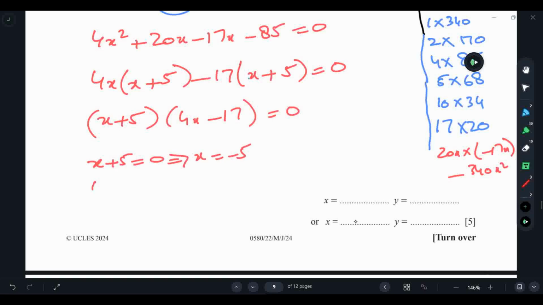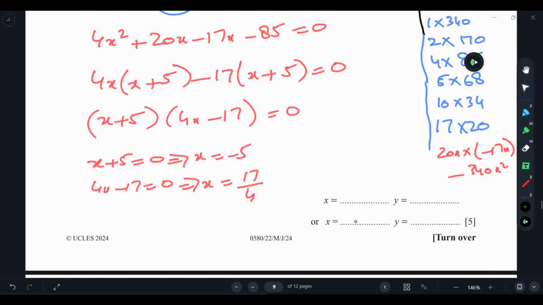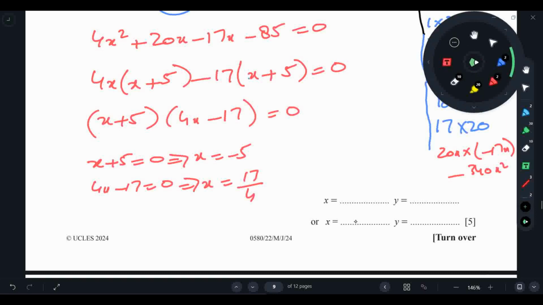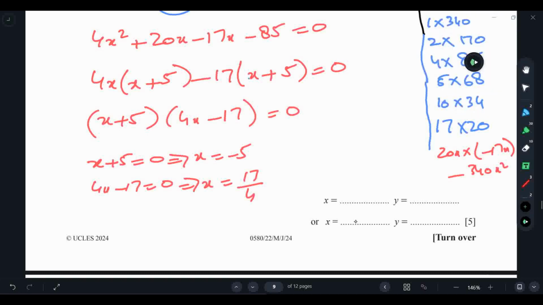And then 4x minus 17 is equal to 0, which means x will be equals to 17 by 4. These two are the answers for the x. So x is minus 5 and x is 17 by 4.